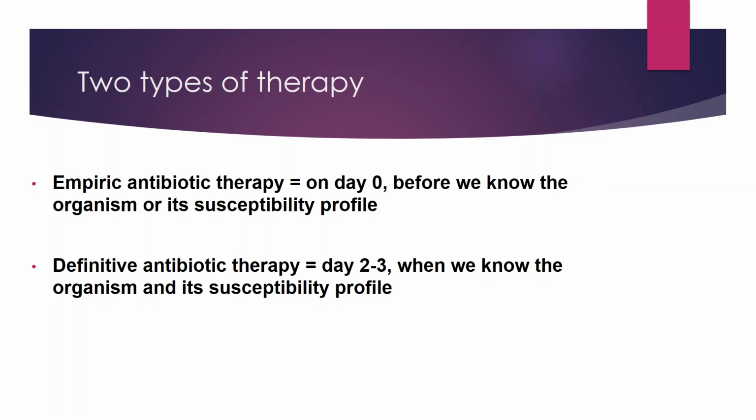Then on day 2 or 3, when we know the organism, we know the susceptibility profile, there's another time at which a doctor needs to make a decision, and that is, what definitive antibiotic therapy should I choose for that patient? And that's going to be impacted upon by the organism name and also its susceptibility profile.